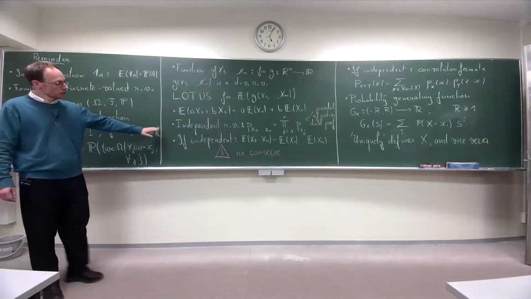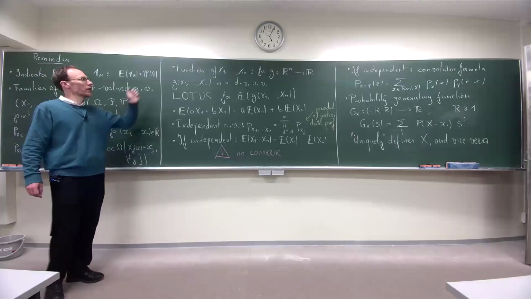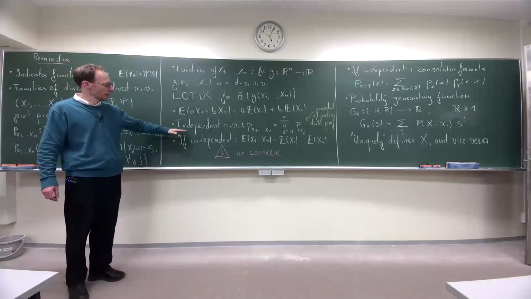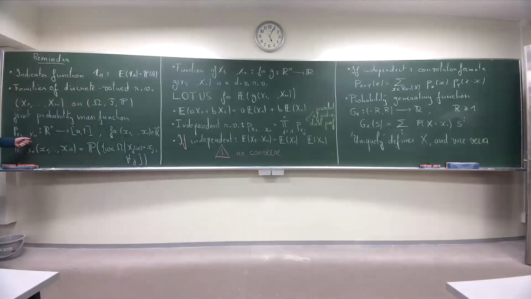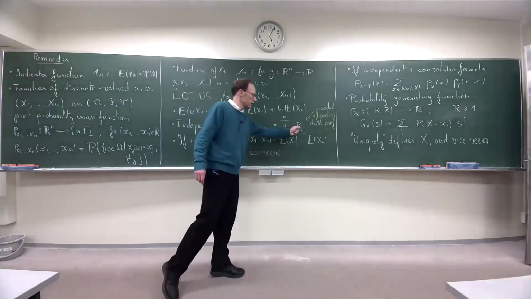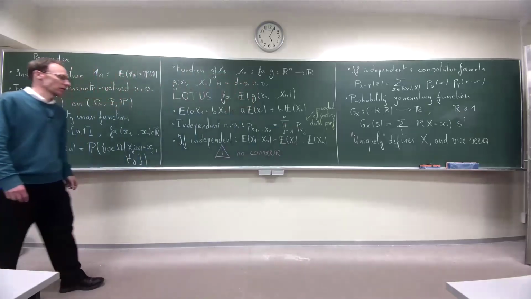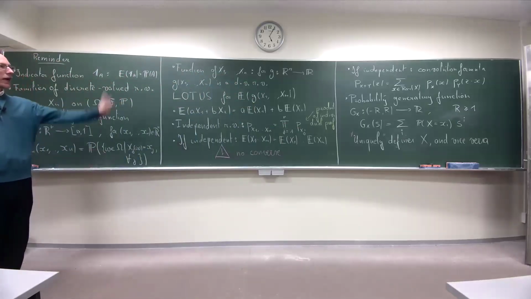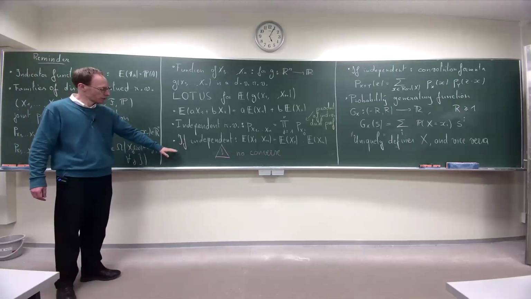Now I also introduced the notion of independent random variables. If you have X1 up to Xn, you say that they're independent if this joint probability mass function is a product of the individual mass functions. And we have 2 small statements if the random variables are independent.